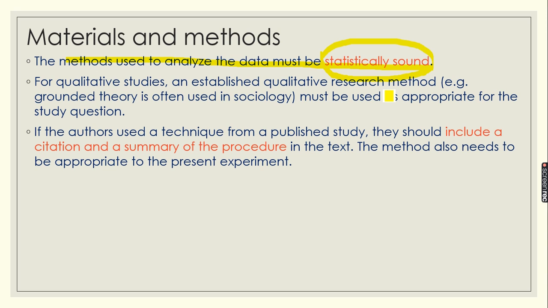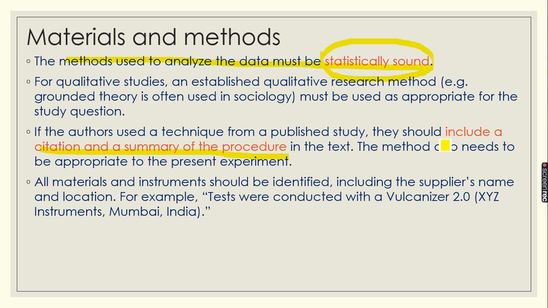If the author has used some technique from a published study, then you should include a citation and a summary of the procedure. I already told you need not repeat the whole thing. Only the summary of the procedure, and whether the method is appropriate or not, you need to tell and justify.